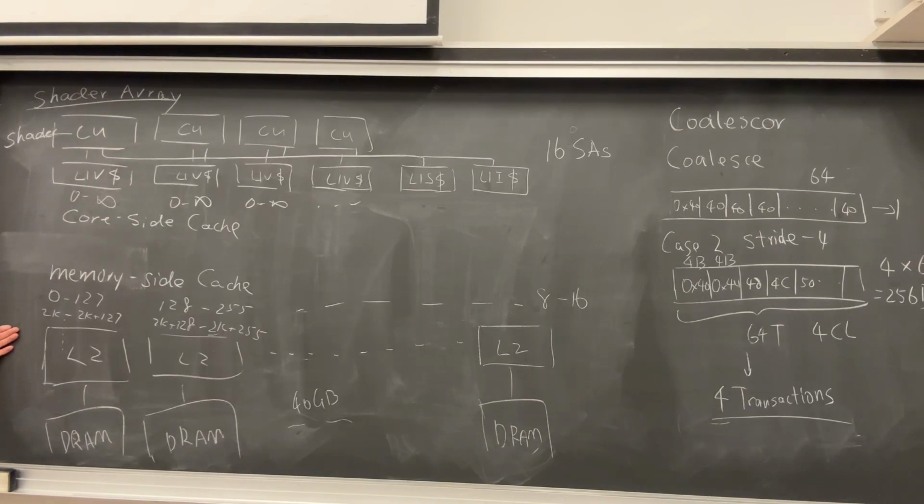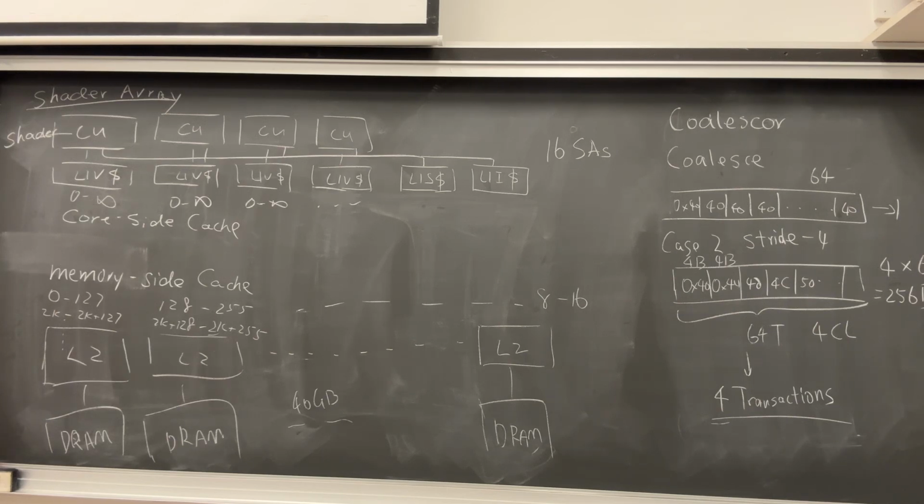These are memory side cache because each L2 is only responsible for 1 DRAM. These are memory side cache, and these are core side cache. For core side cache, we have to cover the whole address range. No matter what the core wants, we have to be able to cache that. For memory side, it's okay. We only cover the address range that this DRAM controller is working on.